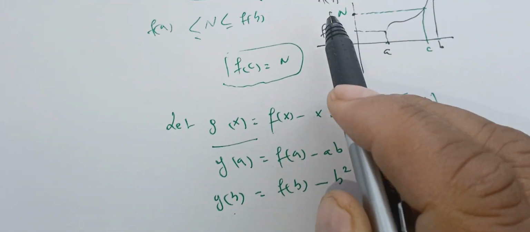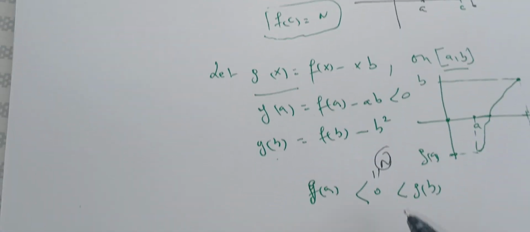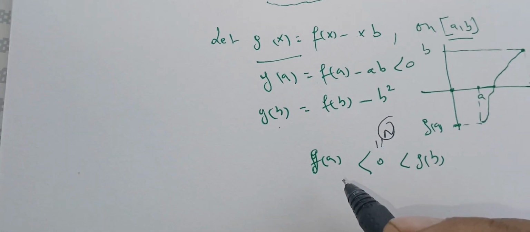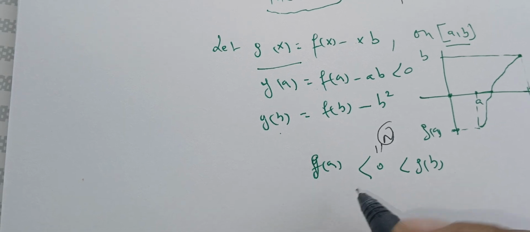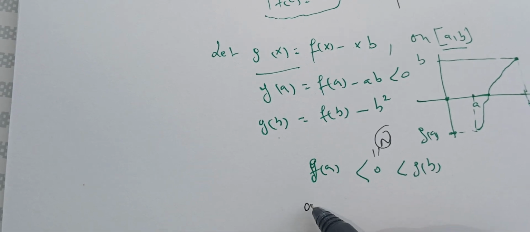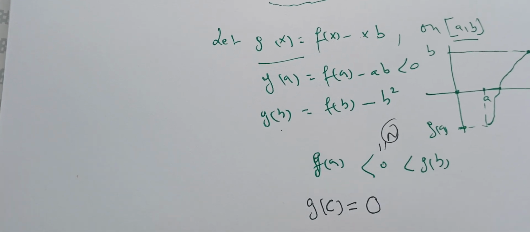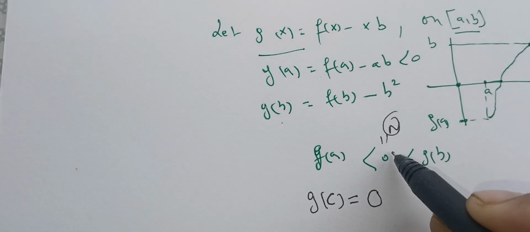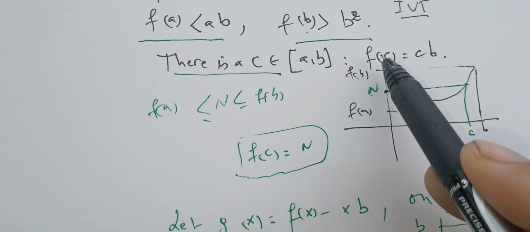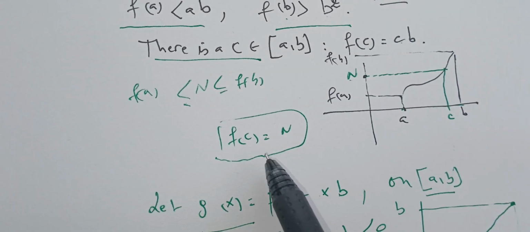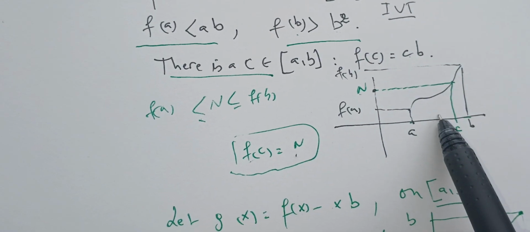So therefore, according to the conclusion of the intermediate value theorem, there is some c such that g(c) is equal to 0, because this 0 is my n here. So the conclusion says that f(c) is n.